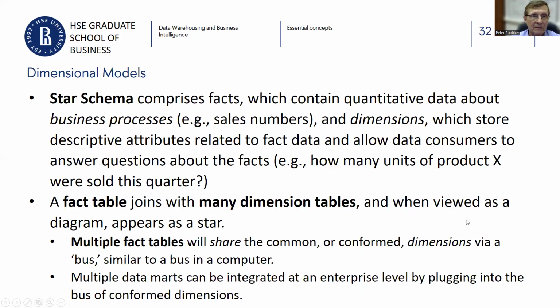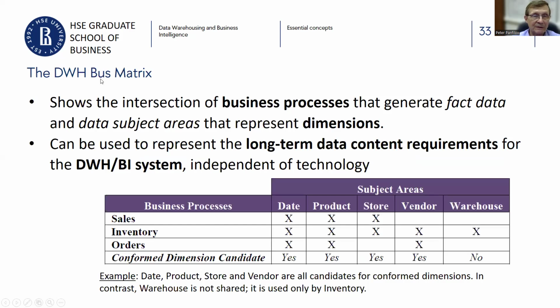Okay, some more about this bus. The data warehouse bus in Kimball's implementation can be represented by this kind of matrix. It shows the intersection of business processes on the left that generate fact data, some measured quantitative data, and data subject areas. And these subject areas represent dimensions in this case.